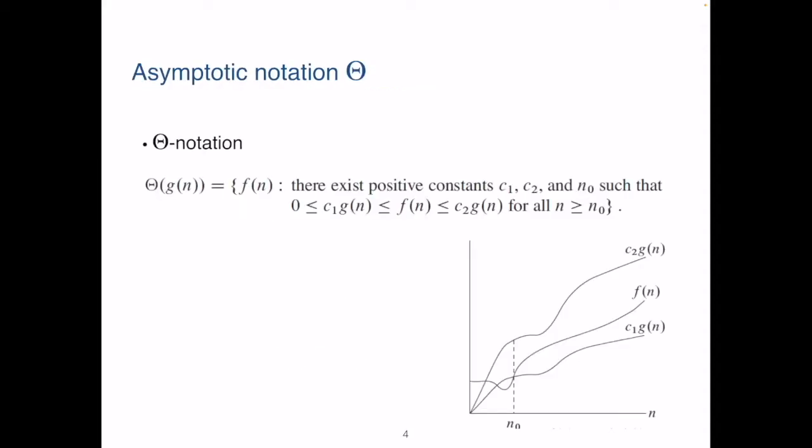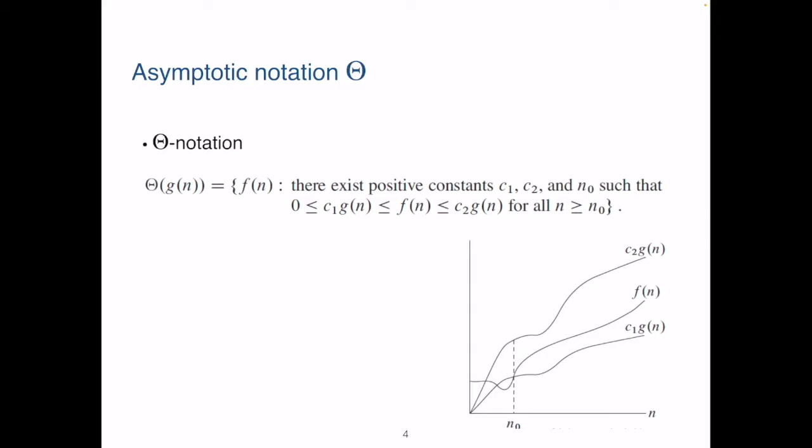Here is the formal definition of the asymptotic notation theta. For a given function g(n), we denote by theta of g(n) the set of functions that satisfy this condition. A function f(n) belongs to the set theta of g(n) if for all values of n at n0 and to the right of n0, the value of f(n) lies between c1 g(n) and c2 g(n), inclusive.